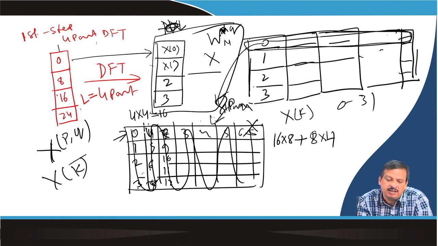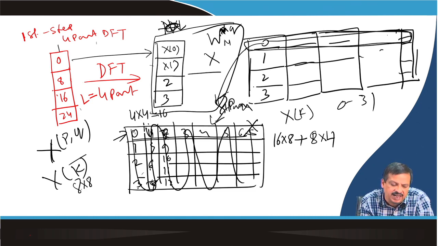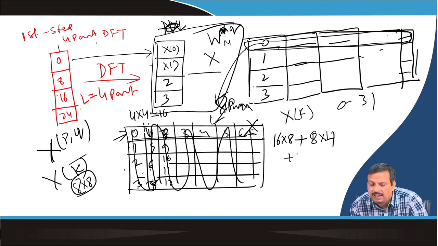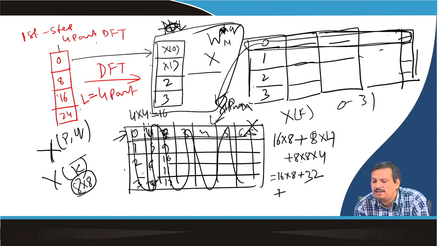And in the last stage, for each row I have to compute an 8 point DFT. So each DFT computation is 8 into 8, and how many rows are there? 4 rows. So plus 8 into 8 into 4. So what does it become? 16 into 8, plus 32, plus 8 into 8, 64 into 4.